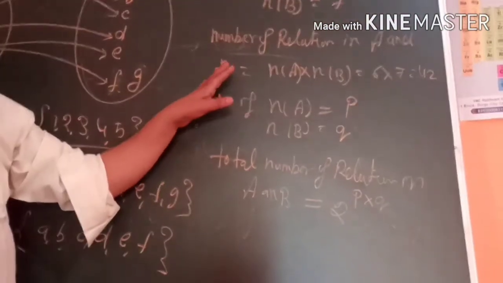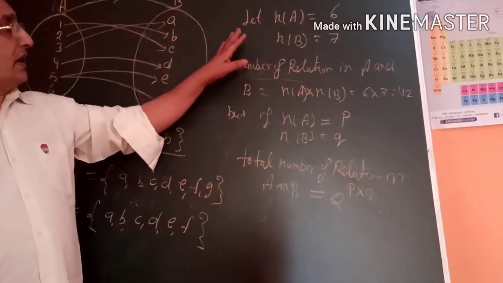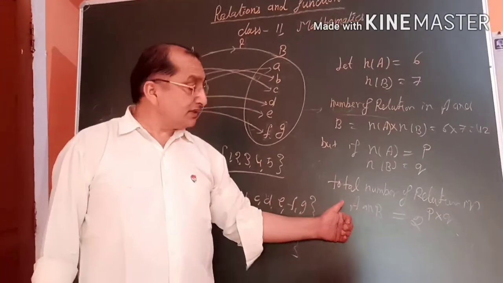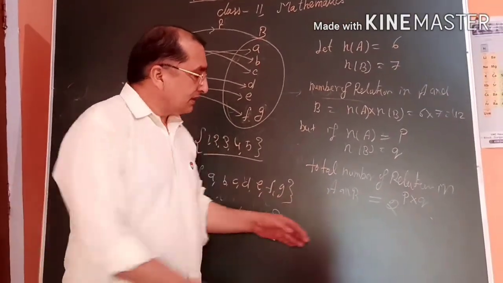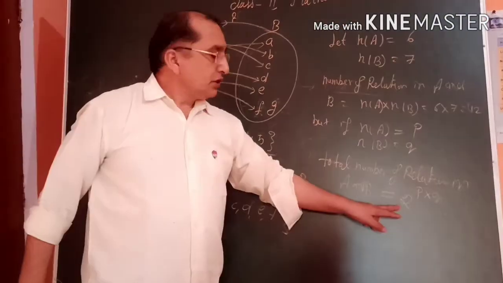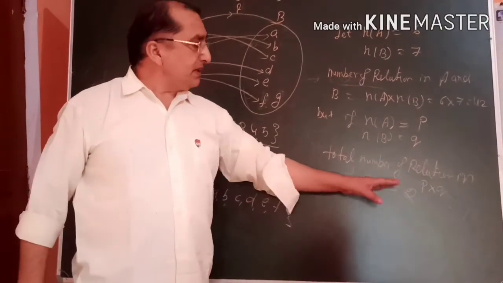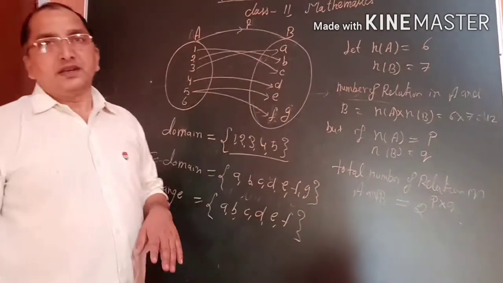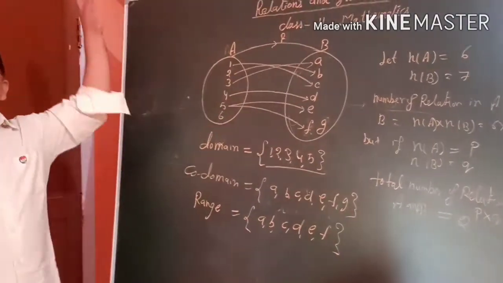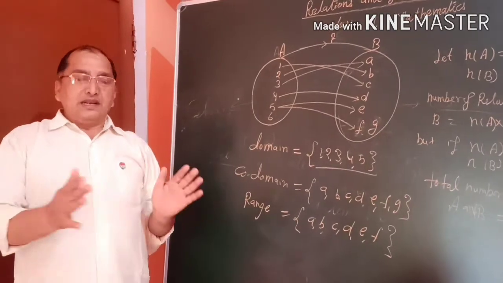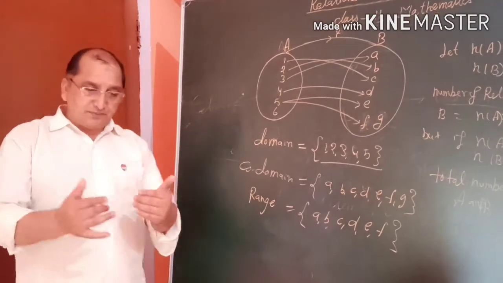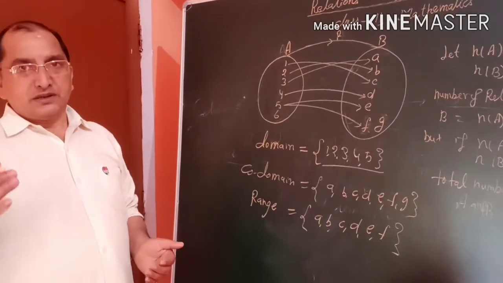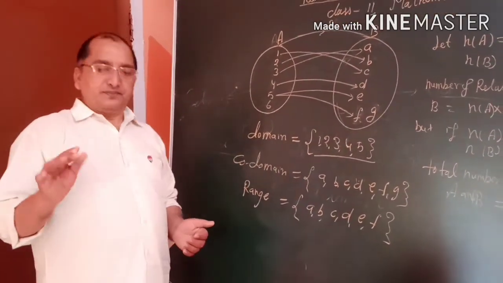The number of relations A and B is n(A) into n(B), which we can simply multiply, but for the total number of relations, it becomes 2 to the power of p cross q, where p is the number of elements of A and q is the number of elements of B. Okay, till here you have to understand better. First of all you have to understand these things, and then we will start some numerical questions related to your NCERT books. Okay.